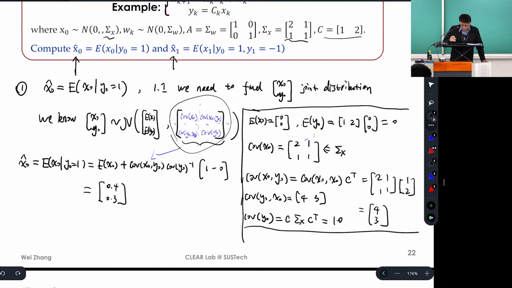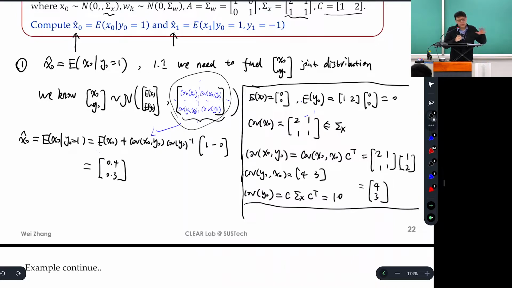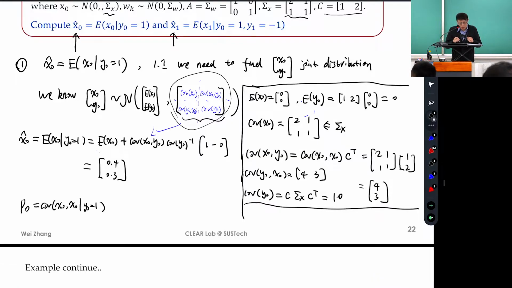By the way, you will see later on we need to compute this P of 0. We know how to compute this, and you will see where it will be used later on. P0 is the covariance of x0 with x0 given y0 equal to 1. How to interpret this? Given y0 equal to 1, x0 is still random, so its covariance is based on that randomness. So how do we compute this?